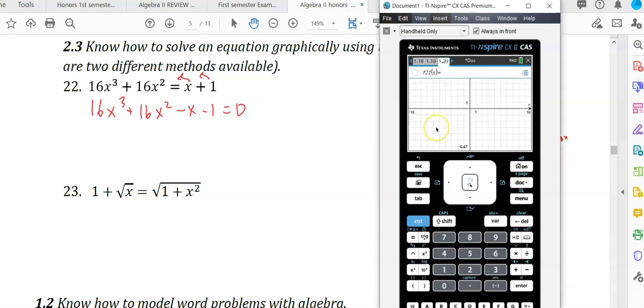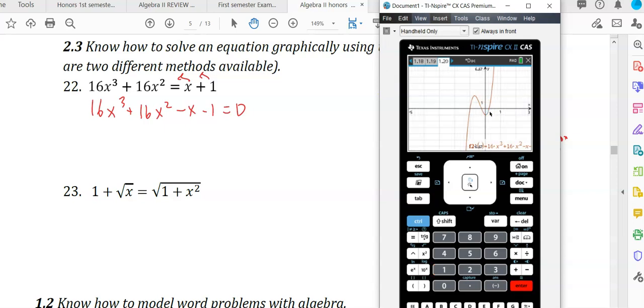So I'm going to go 16x to the third plus 16x squared minus x minus 1. Okay, I don't love how close in that is, so I may just adjust. You don't have to adjust your x values, but I'm going to make it like 3 and negative 5.